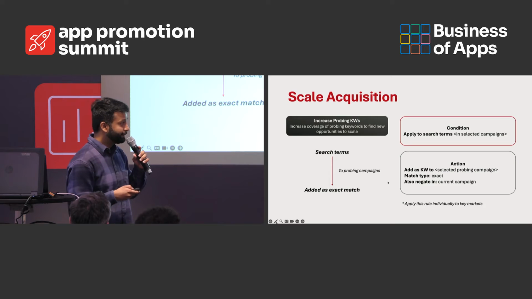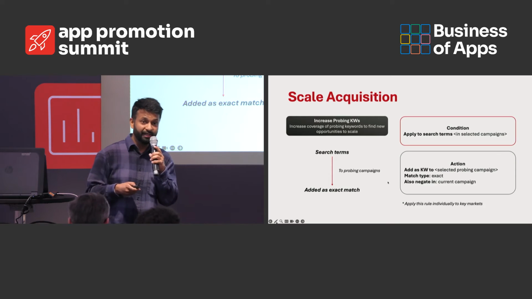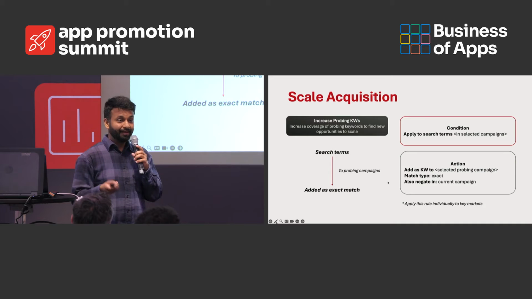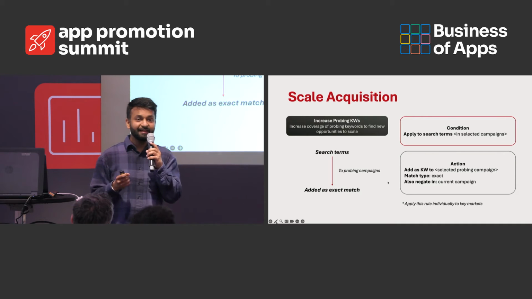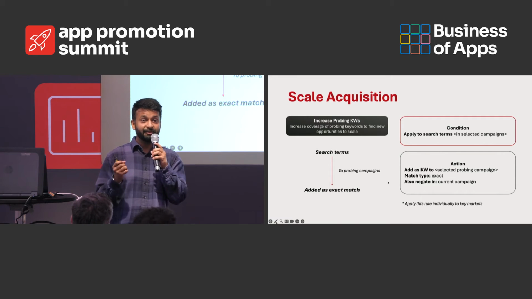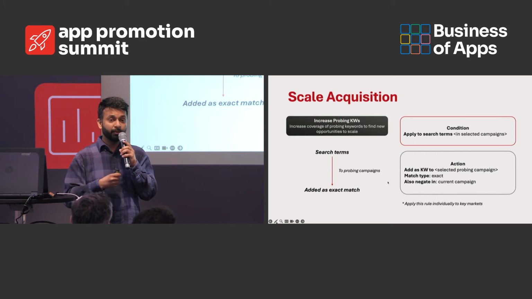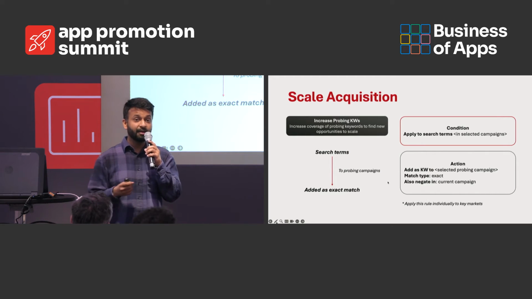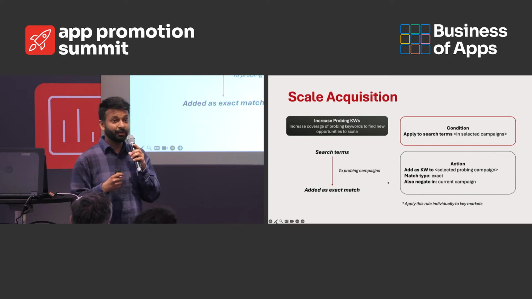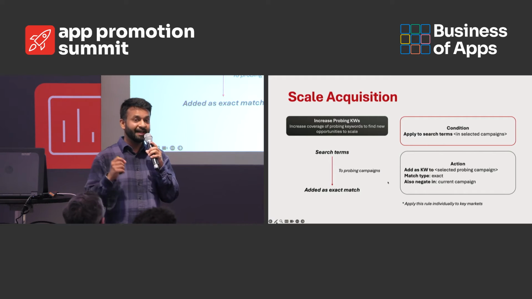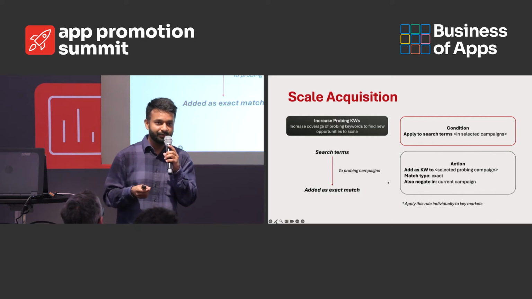In the next rule, I'll show you how you can find opportunities to scale using probing campaigns. Like I said before, in many cases, the majority of the volume on Apple Search Ads is only driven by a handful of keywords. So it's very important that over time, you're expanding your keyword coverage and getting downloads from more keywords so that you rely less on only a few keywords.